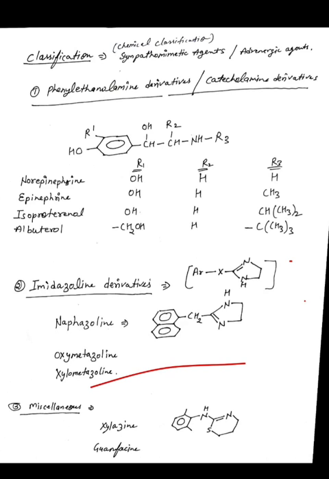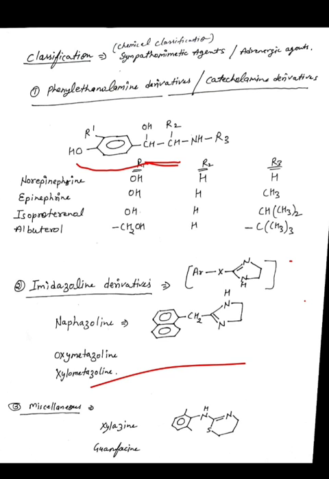In chemical classification, the first class is phenylethanolamine derivative or catecholamine derivative. As you can see in the general structure, there is a phenyl ring here, and then a two carbon chain, that refers to ethane.